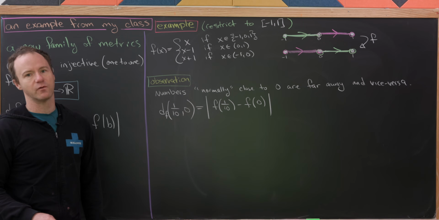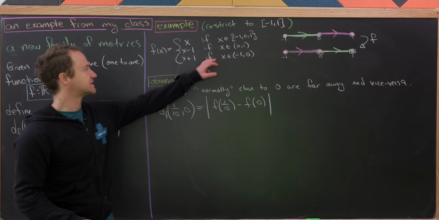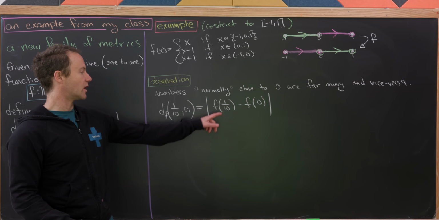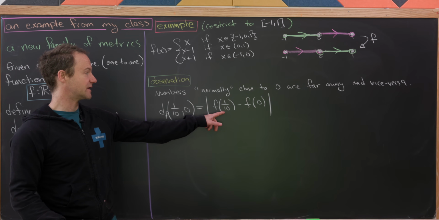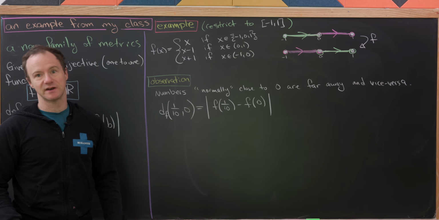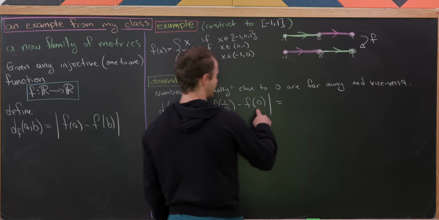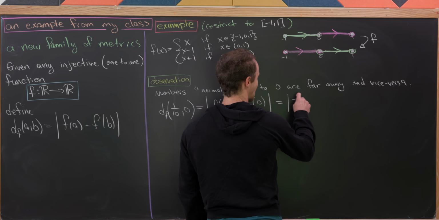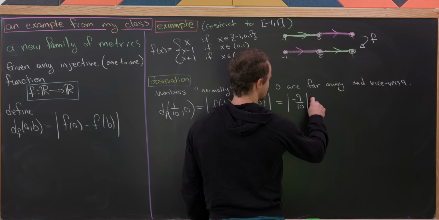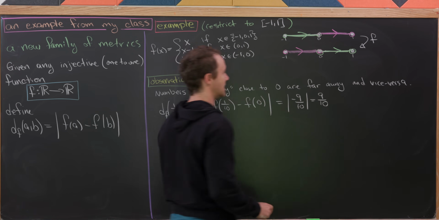So what's f of 1 over 10? Well, since 1 over 10 is between 0 and 1, we have to subtract 1 from it. Well, 1 over 10 minus 1 is negative 9 over 10. f of 0 is 0, so here we get the absolute value of negative 9 over 10, which is 9 over 10.